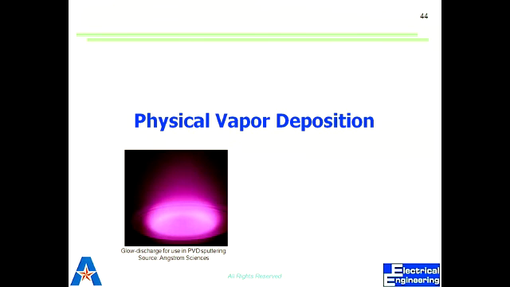Now there are different types of deposition. You might have chemical vapor deposition, where you have chemical vapors, you do a chemical reaction, and you deposit your product. One subclass of CVD is epitaxial deposition. The difference is epi gives you a deposited material which will be crystalline.